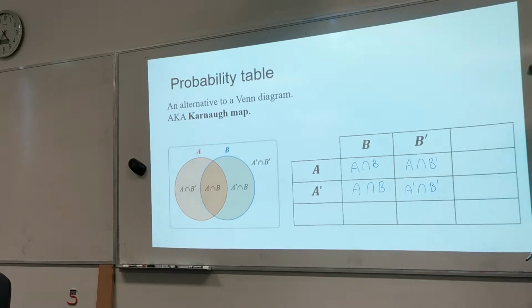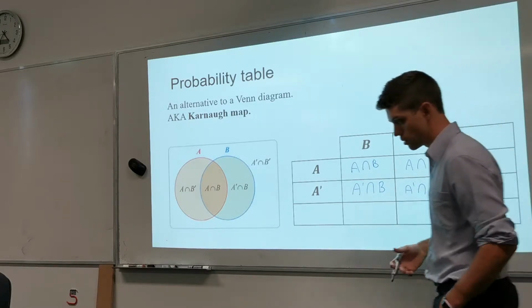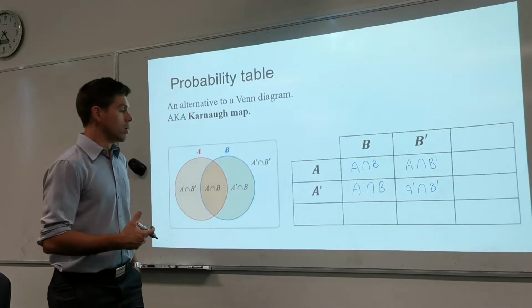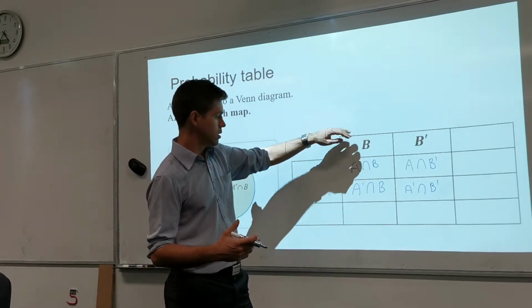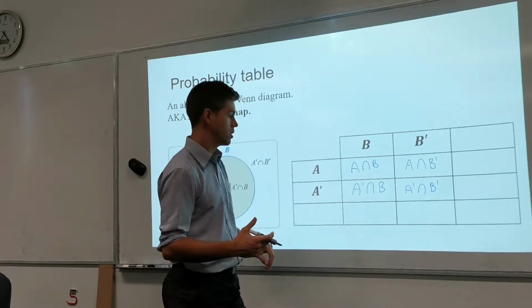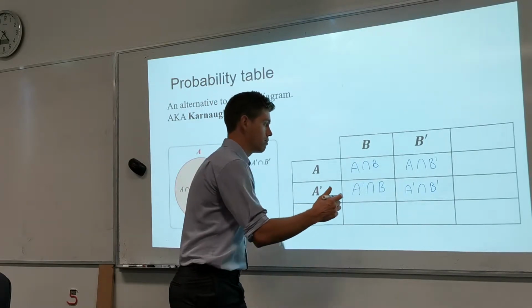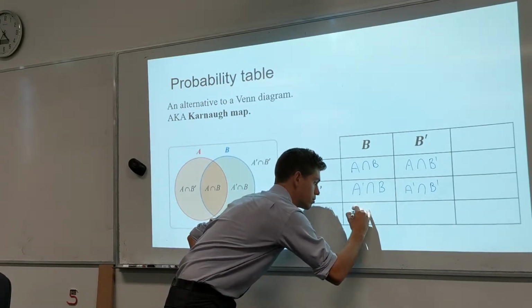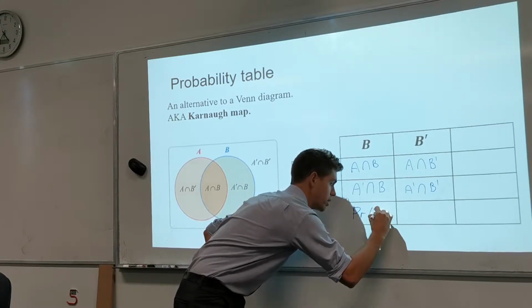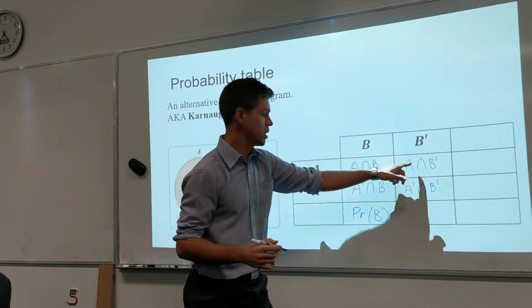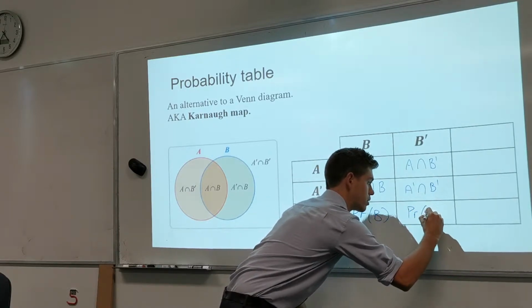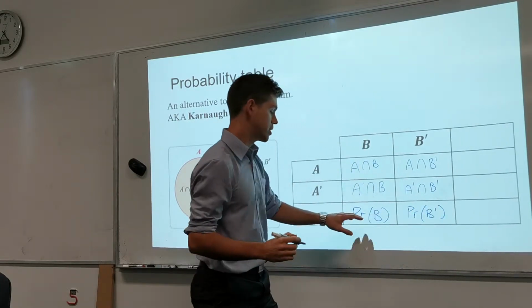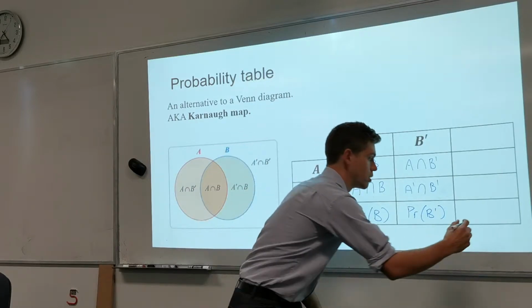Okay. Now what does all of this tell us? All of this is put together to say that these two are the probability of B. These two put together gives us the probability of not B. And together must be 1.